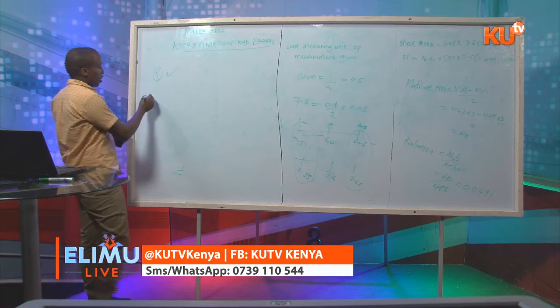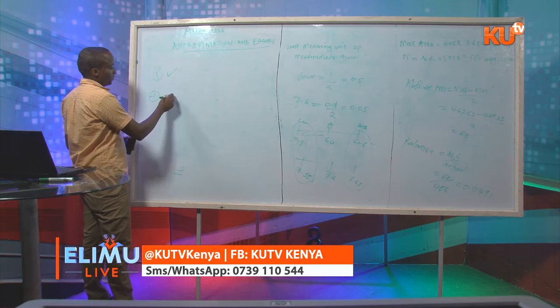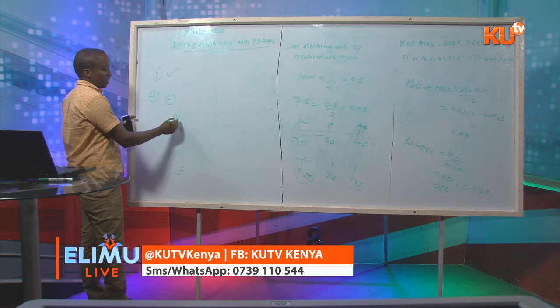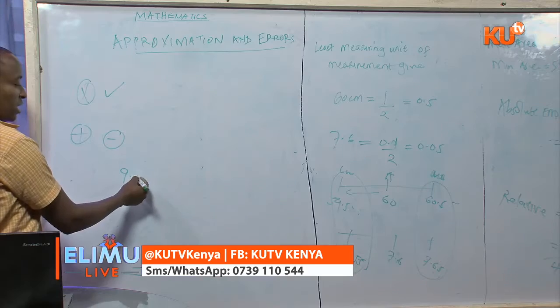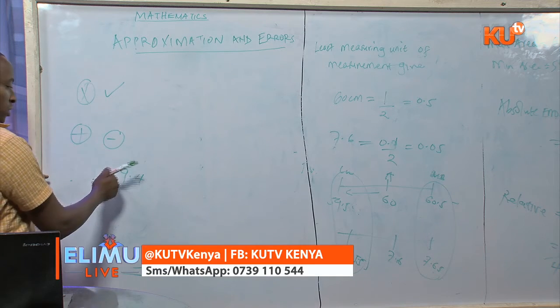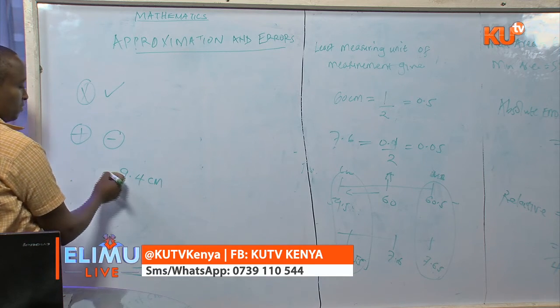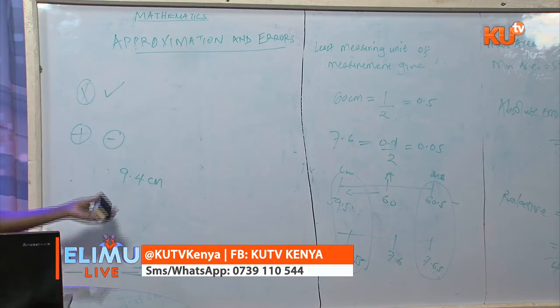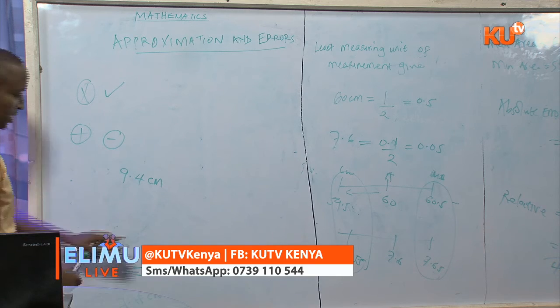So we go now to plus or minus. For this one, it will be very simple now. If you're given a measurement of anything like what we did, 4.9, the absolute for this one, maybe centimeters. We did this when I was explaining the example of the duster. But let us do another example on the same.